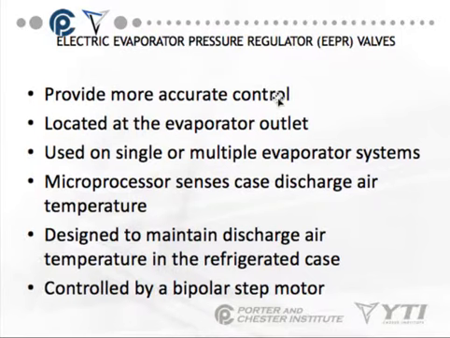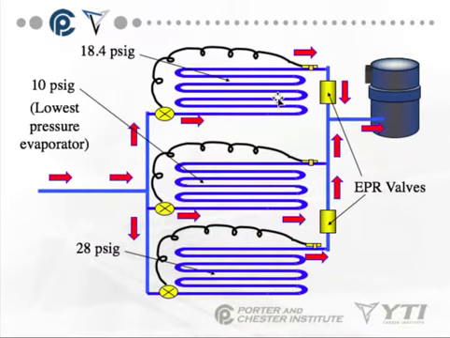Okay. We sometimes see electric evaporator pressure regulators, or EEPR valves. They are much more accurate. They're located at the evaporator outlet, and they can be used on single or multiple evaporator systems. In this case, microprocessors sense the discharge air temperature. So before, when we were talking about the mechanical EPR, we were talking pressures.